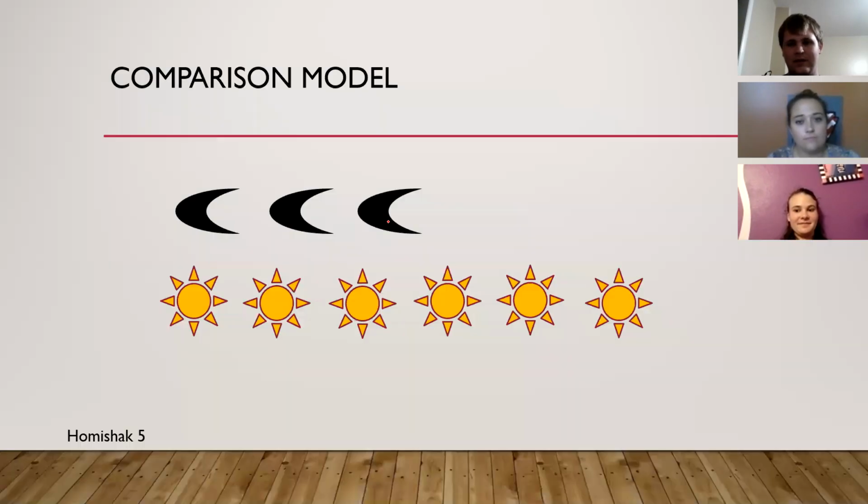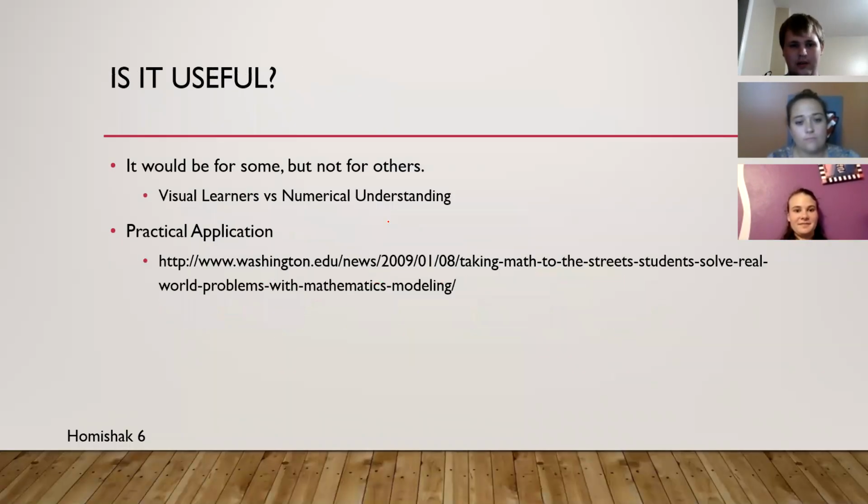Now, is there a practical application to this? Of course there is. Matter of fact, a group of students at the University of Washington actually did a project where they created mathematical models to go and find real-world problems in their communities to solve real-world issues.